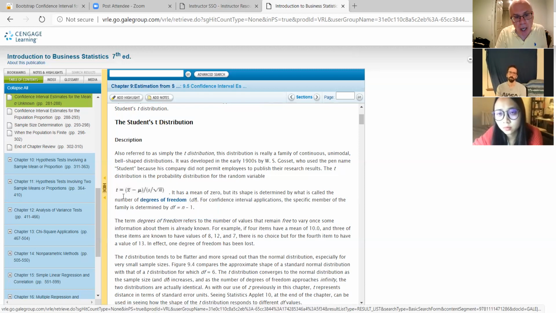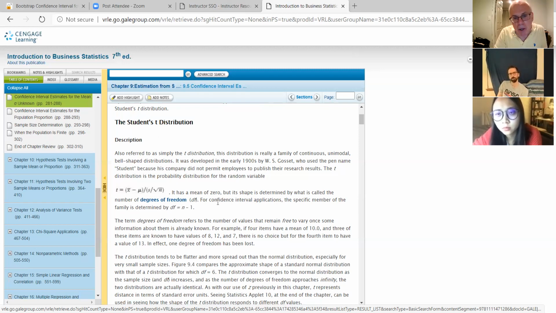By definition, the student's t is a t-score. It's the sample mean minus the population mean divided by the standard error, and that's s divided by the square root of n. It happens to match what we need. We need s divided by the square root of n to be our standard error if we're replacing sigma with s. So the t fits the bill, and it's a t-score.